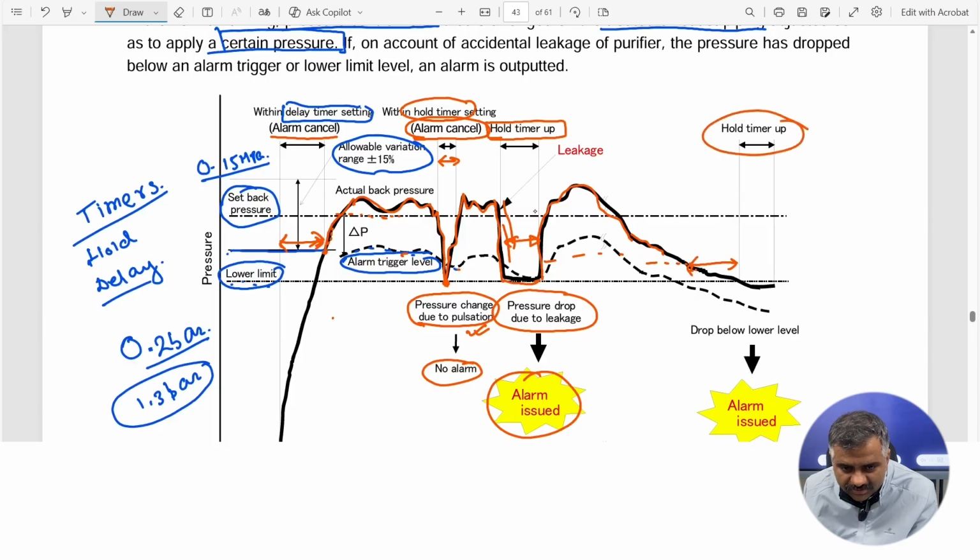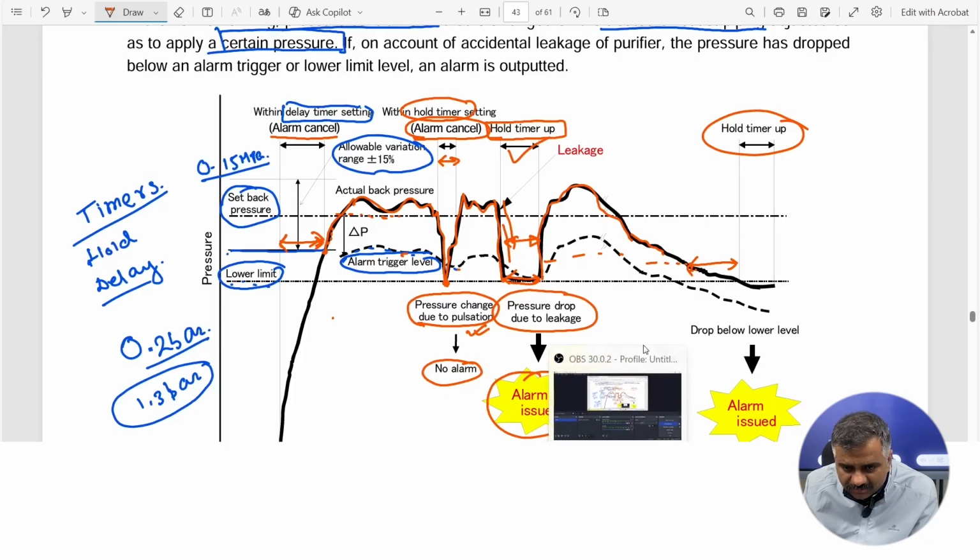In case of a sudden drop in pressure that continues for a certain period of time, the hold timer will give you an alarm. In case the pressure drops over a longer period in a very moderate way, the hold timer is activated a little bit late. You can see here the hold timer suddenly activated because the pressure drop was very fast, and here the hold timer has taken time to activate because it was waiting for the pressure to reset.